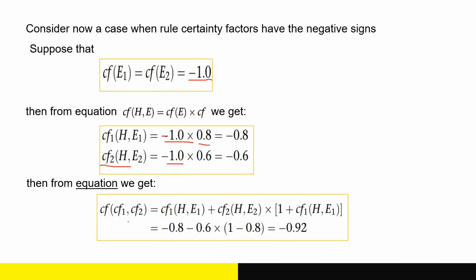The combined certainty factor of the two pieces of evidence is equal to the certainty factor of hypothesis given evidence 1, which is negative 0.8, plus the certainty factor of hypothesis given evidence 2, which is negative 0.6, multiplied by 1 minus the certainty factor of hypothesis given evidence 1. Their product is negative 0.92, and the negative 0.92 represents the incremental increase of disbelief in the hypothesis.